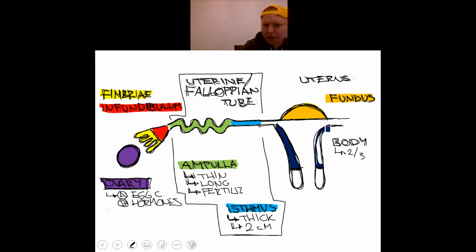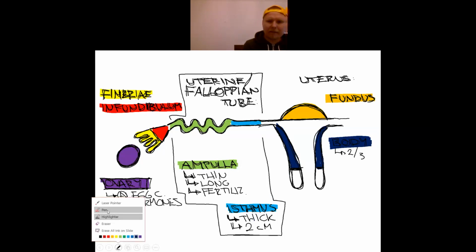Same as you remember in other structures, the main part was always the body. I think that still shows up, that's not too dark of a highlight. And the remaining 1/3 is going to be our cervix.